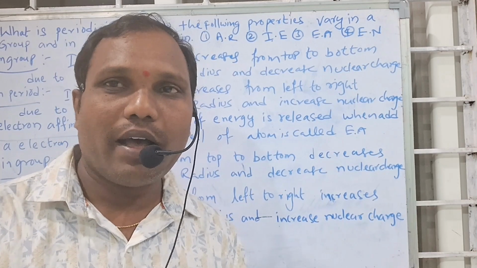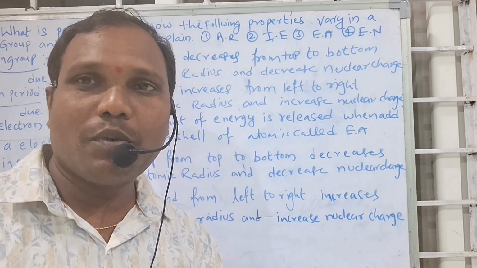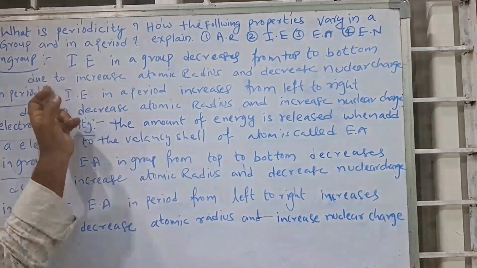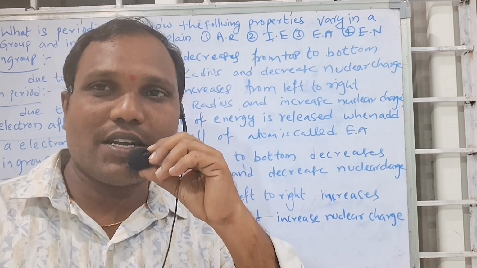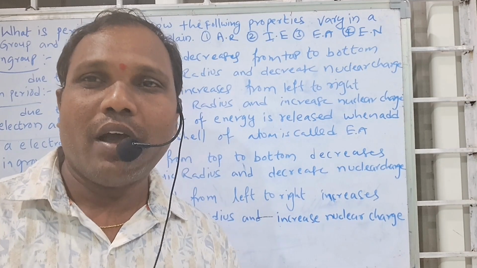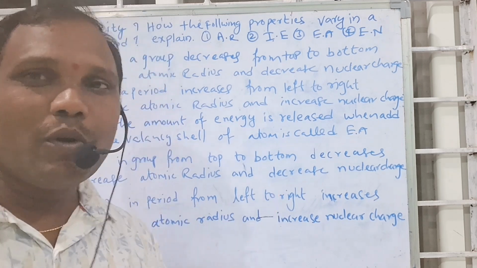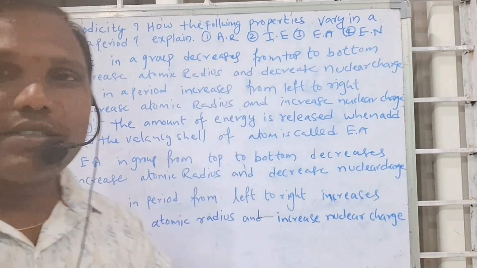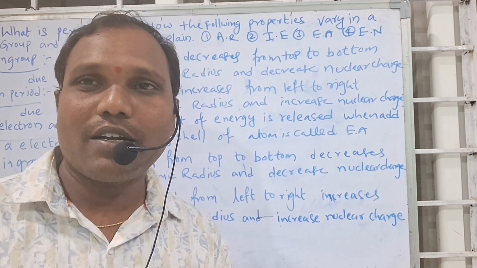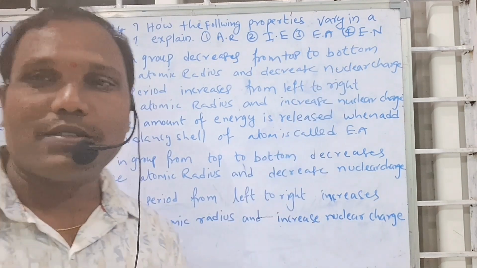In a group, ionization energy decreases from top to bottom due to increasing atomic radius and decreasing nuclear charge. Ionization energy is inversely proportional to atomic radius. That's why in a group, top to bottom, ionization energy decreases due to increasing atomic radius. When atomic radius increases, nuclear charge decreases.